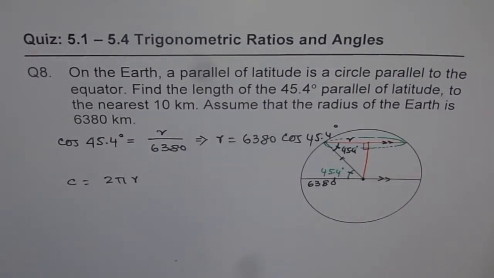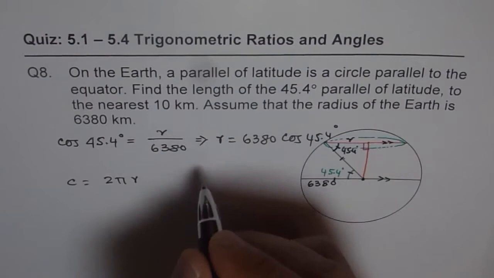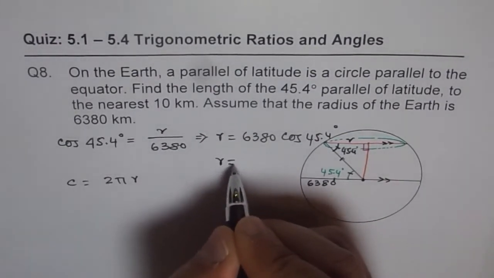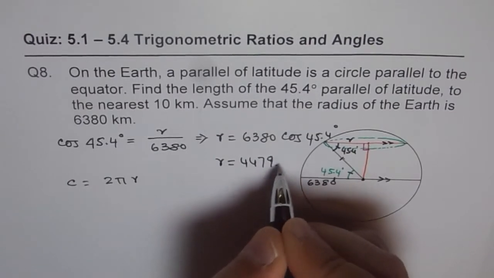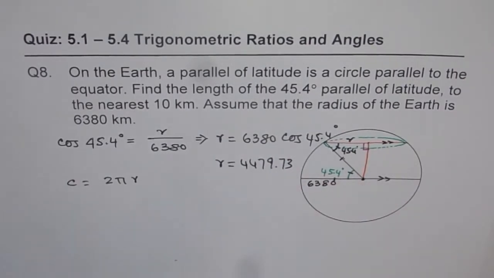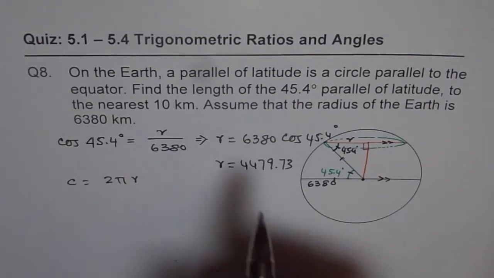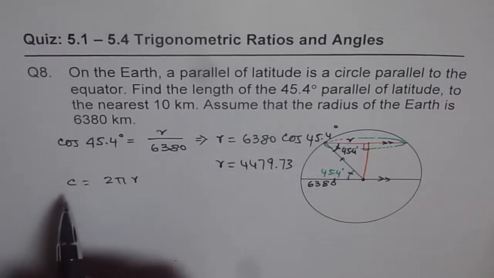Now you can use a calculator and find your answer. So it is 6380 times cos of 45.4, which gives us the value of r as 4479.73. Now we can use this value of r in the formula.